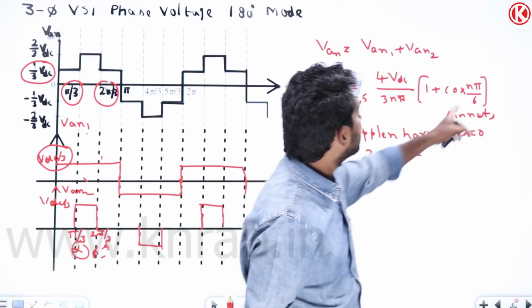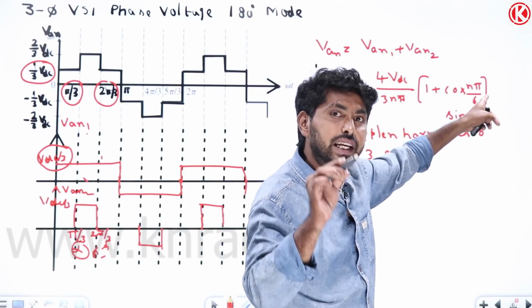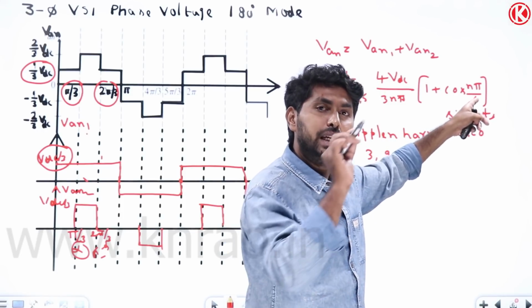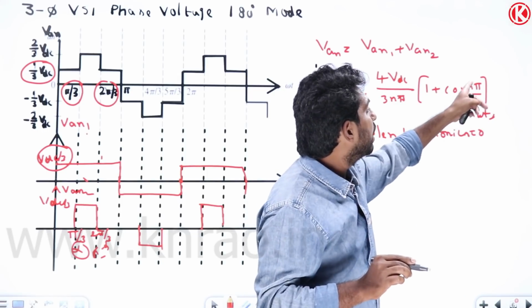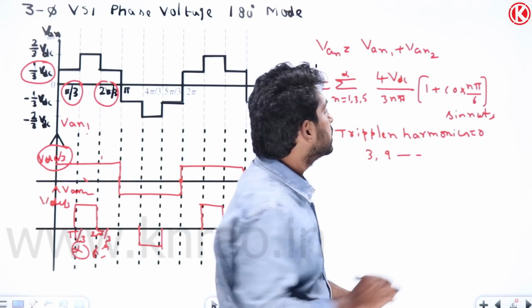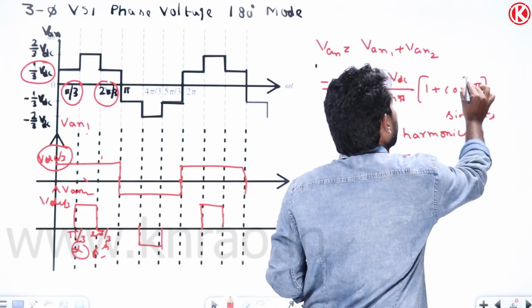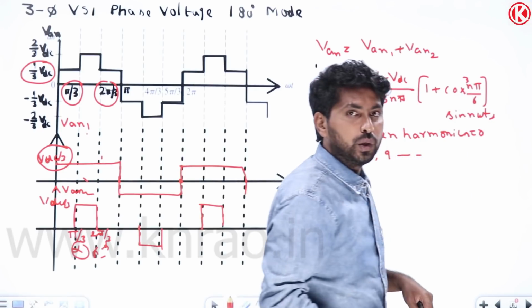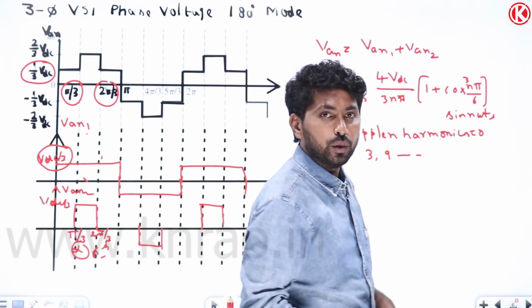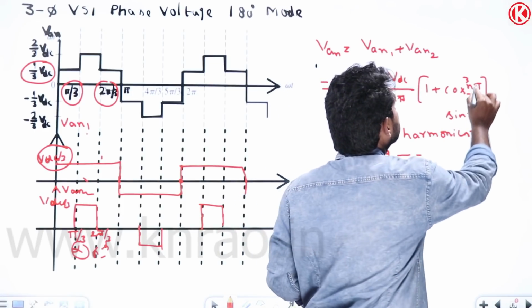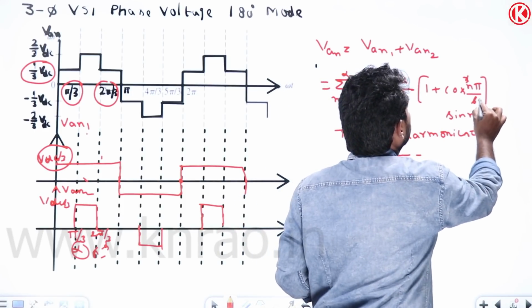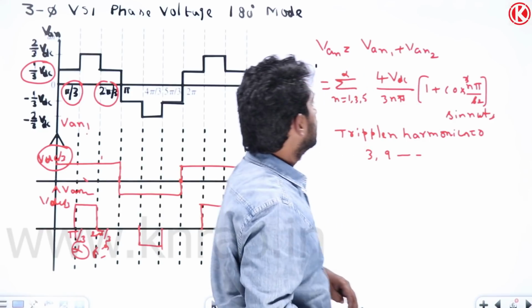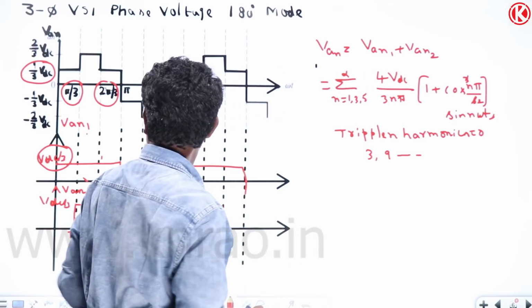If I substitute 3 in this, what is the value of cos n pi by 3?